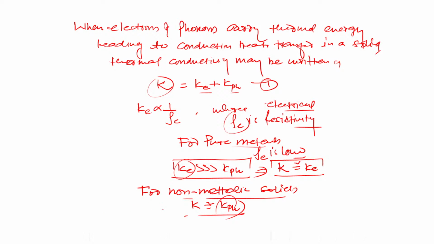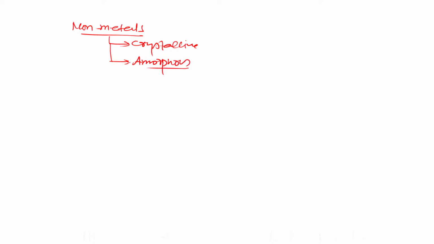Now, non-metals are of two types. It may be crystalline, it may be amorphous. Listen, what is the difference in these two? Anyone? One is crystalline, other is amorphous. And in non-metals, we have seen as temperature increases, K increases.